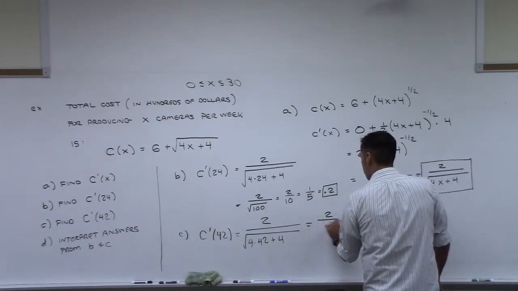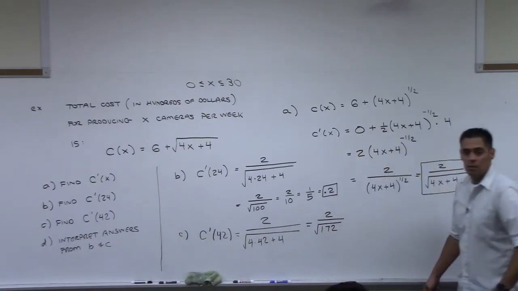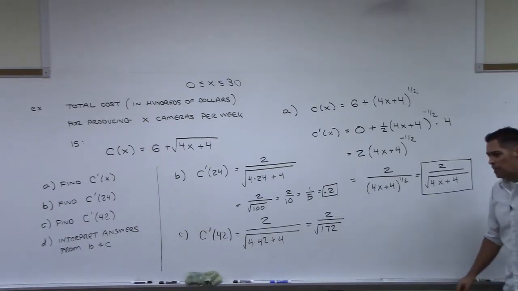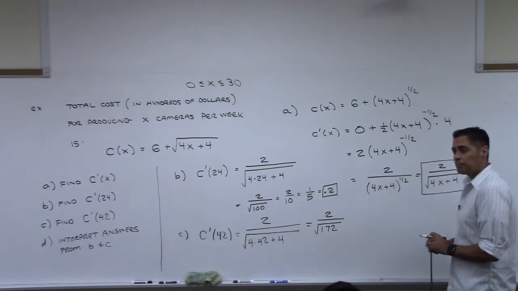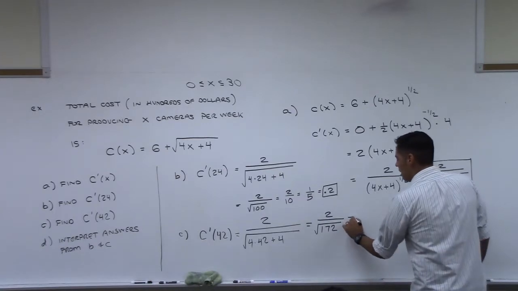So 2 over the square root of 172, and 172 is not a perfect square, so you're going to have to do that on your calculator. How many decimal points do you want? Let's just go about 2 decimal places. I won't tell you on a test, but let's always just go about 2, unless I say otherwise.